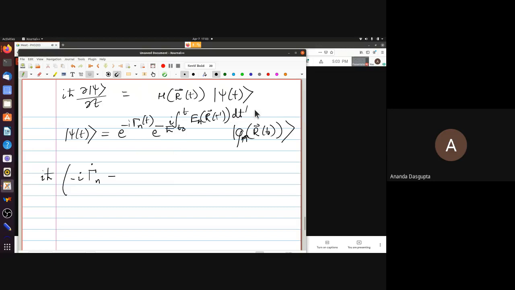Minus, when I differentiate this with respect to time, what do I get? I get simply minus i by ħ, right? Times, of course, this entire phase factor, it is exp of minus iγn(t), and so on, times φn(R).